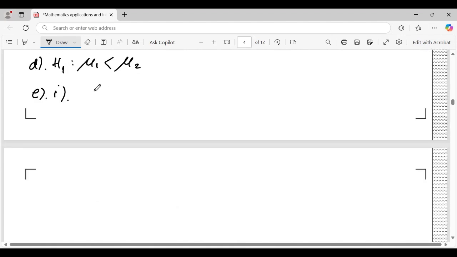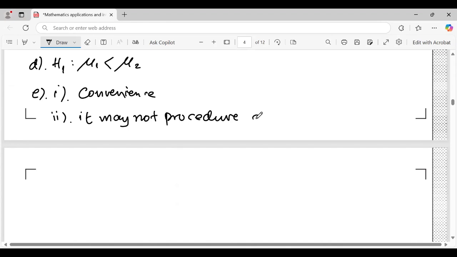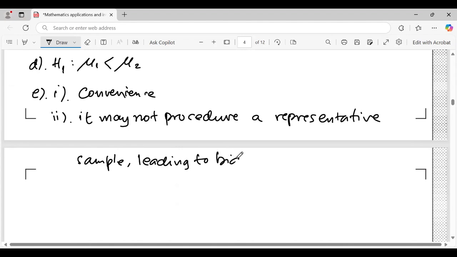So, one is convenience, and two, my answer is it may not produce a representative sample, leading us to biased results. So the result will be biased.